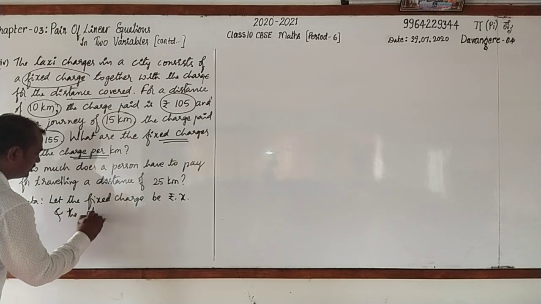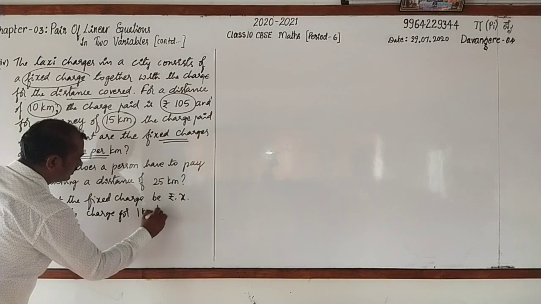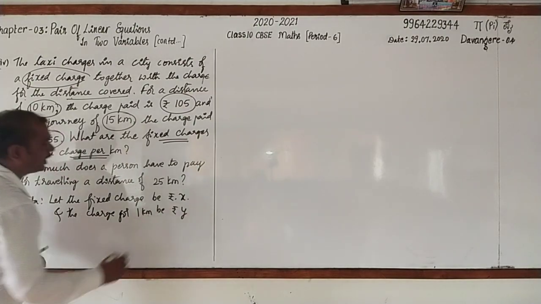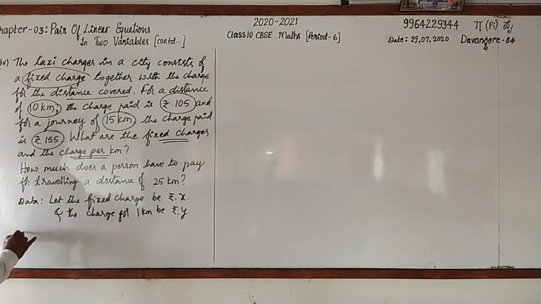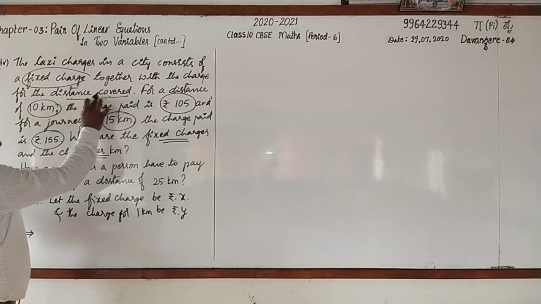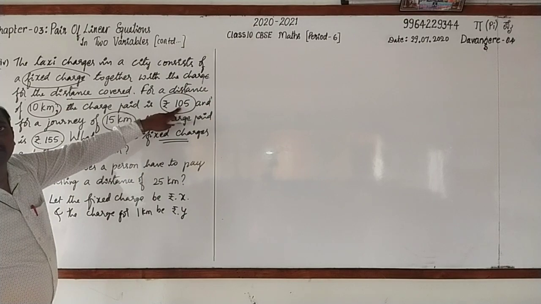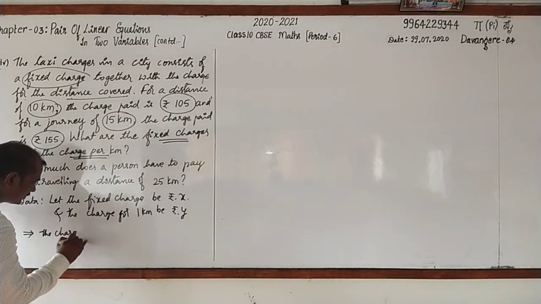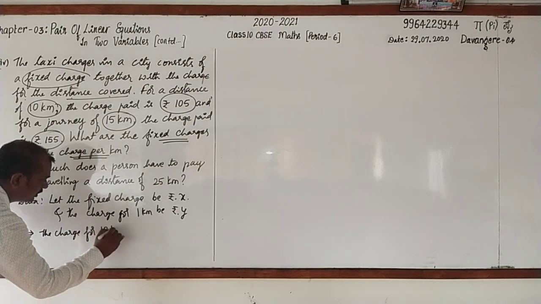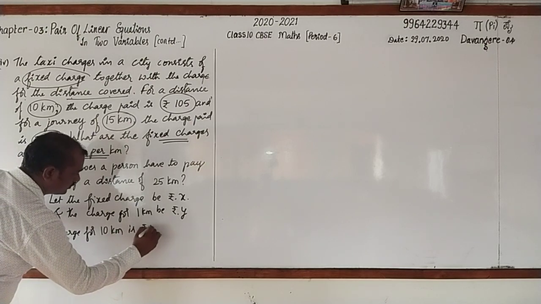And the charge for 1 kilometer, let it be rupees y. There are two situations. What are those? Let me write them one by one. First one is, look at it. For a distance of 10 kilometer, it is 105. The charge for 10 kilometer is rupees 105.